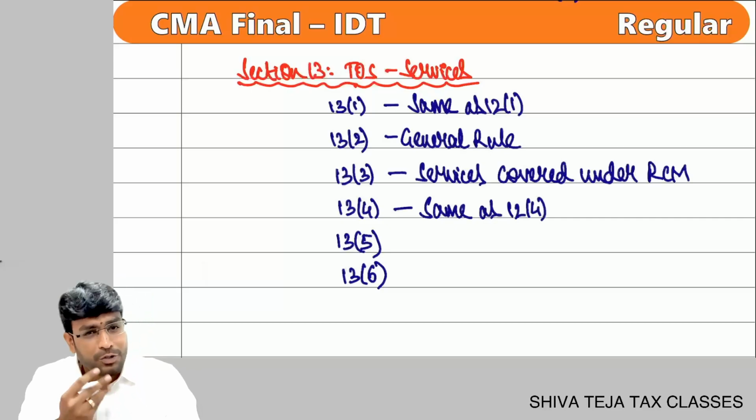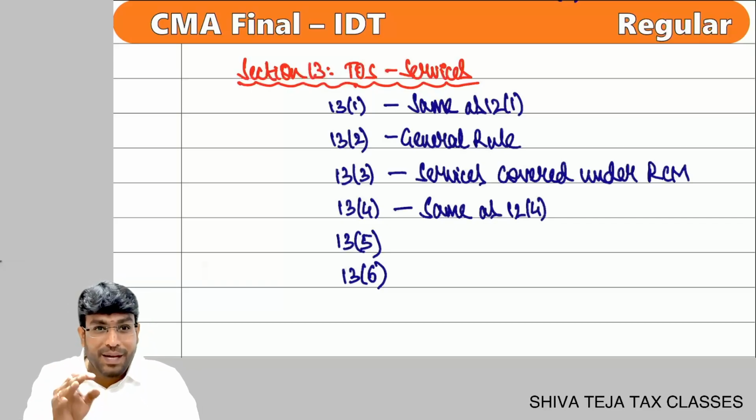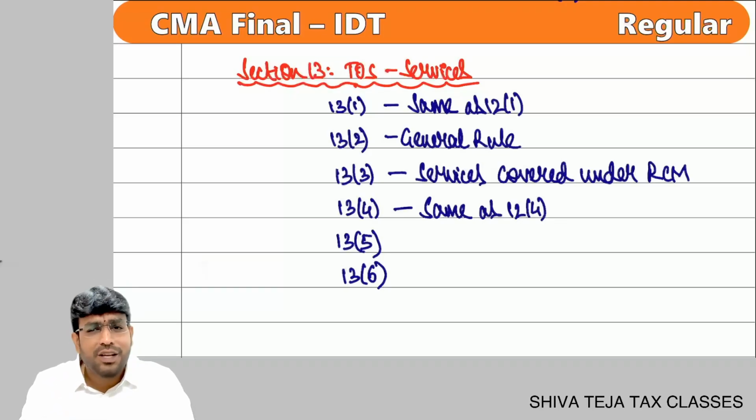That means what? Vouchers. If supply is identifiable, the time is the issue of voucher. If not identifiable, redemption of voucher. If the voucher is related to goods, 12.4 will apply. If the voucher is related to service, 13.4 will apply. Understood? If it is a packed water bottle voucher, 12.4 will come. If it is a pizza voucher, 13.4 will come.